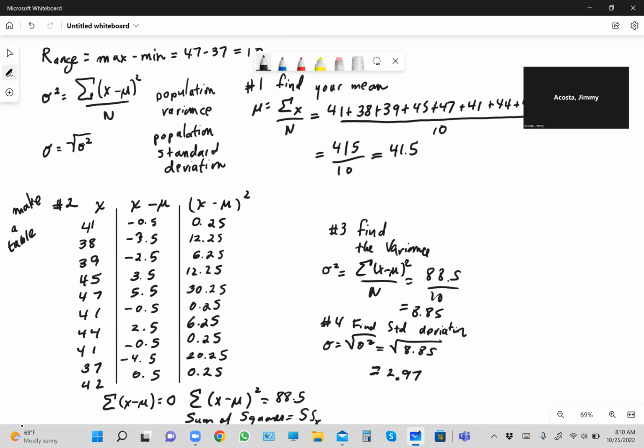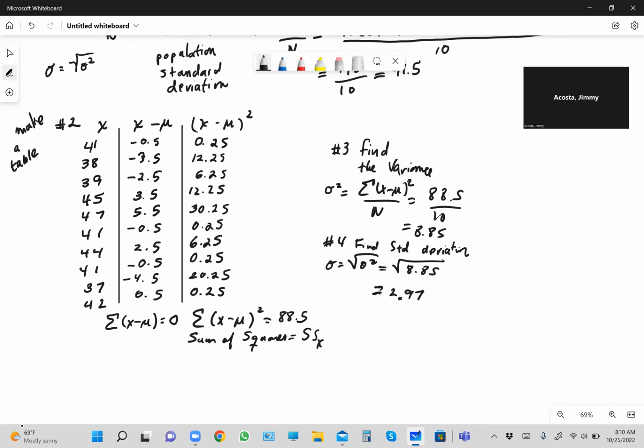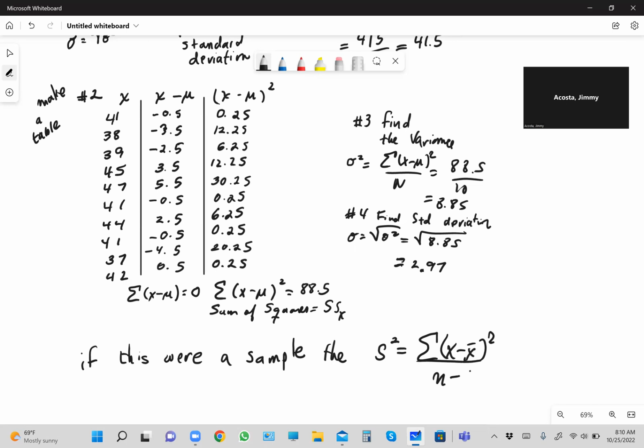And hopefully in the next 20 minutes or so, I'll get done with that problem. Now, I need to mention something. If this were a sample, then this part here, called the variance, we would divide by n minus 1.